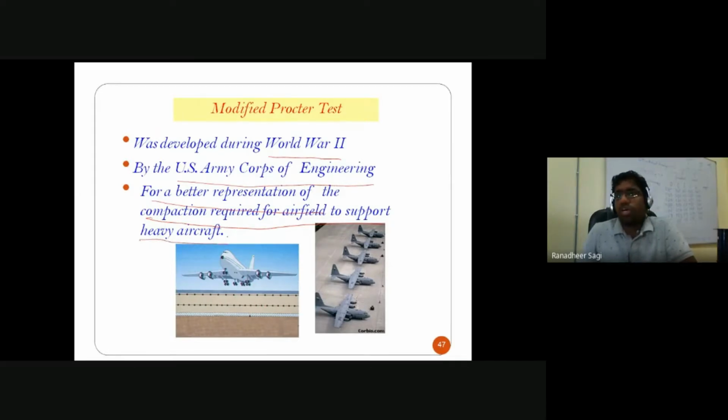Wherever you want the ground to have more compaction than specified by the standard Proctor test, like airfield runways or highways, where a heavy amount of compaction is required, we determine the maximum dry density of that soil by carrying out a modified Proctor test in the lab.